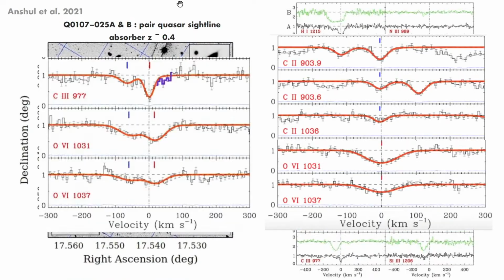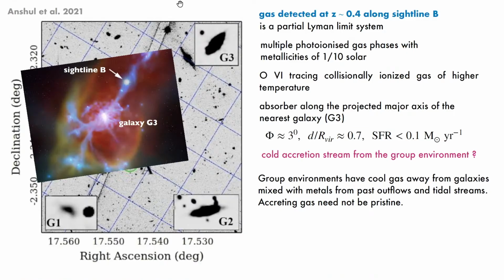For the paucity of time, I'll just go over some quick results. We have looked at absorption systems where we find evidence for gas that is accreting along the major axis of galaxies, and the properties of this gas resemble those of cold accretion streams that are expected in the case of galaxies living in dense environments.